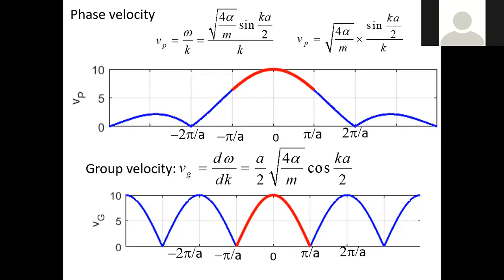So you see that group velocity is also maximum at the symmetry point where k equal to 0, and then in the first Brillouin zone, at the end of the first Brillouin zone, it comes down to 0, where k equal to plus pi by a on the right hand side and k equal to minus pi by a on the left hand side.